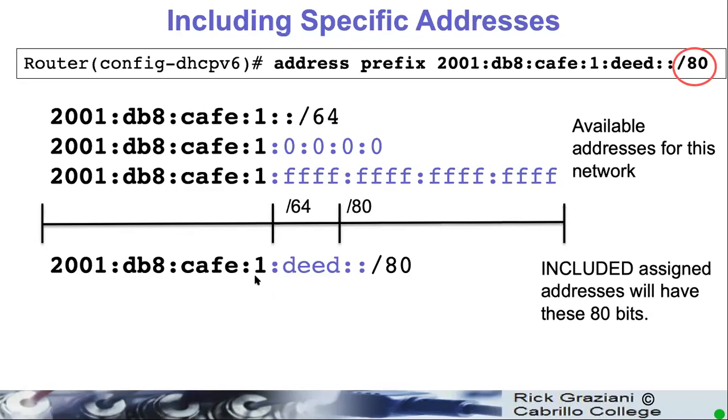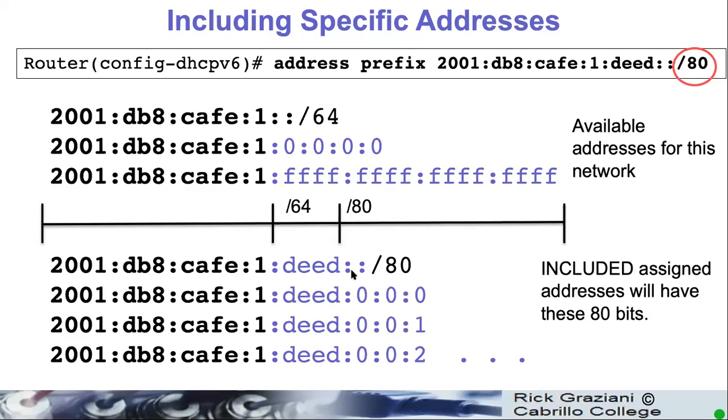However, what I like to do is say the addresses that are going to be allocated are going to have this first 80 bits, and this way I put deed in here. That way, whenever I see deed, I know that's an address that's been allocated by a stateful DHCPv6 server. So everything allocated will have deed as the first 16 bits of the interface ID.